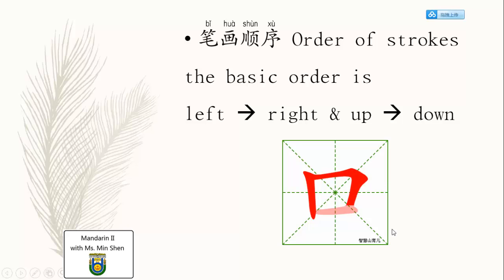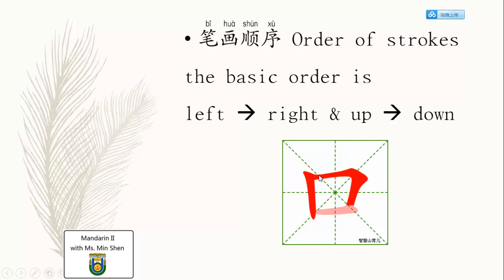This character is basically just a square. How do you know how many strokes are in this character? As it shows, altogether 3 strokes, because you should follow this order from left to right. So this 竖 is the first stroke because it's the most left one, and after that we move to the right.